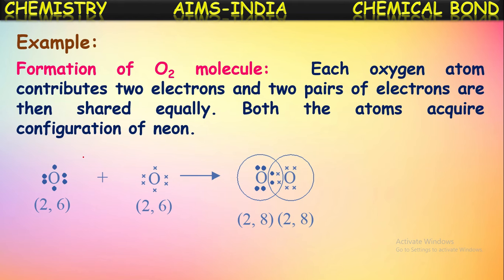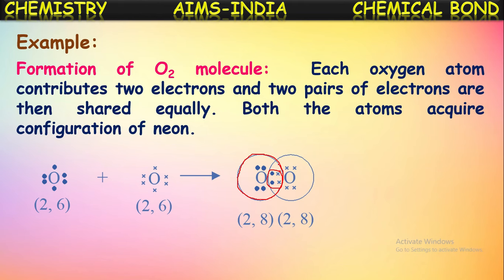We know oxygen has six valence electrons. Now in the formation of the oxygen molecule, each oxygen atom contributes two electrons for the bond formation, and hence two oxygen atoms share two pairs of electrons, and each oxygen atom will get octet configuration. If you observe this oxygen, there are already six valence electrons, and it shares two more electrons with the other atom.